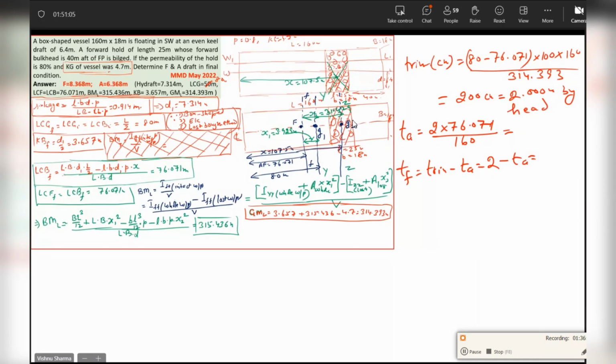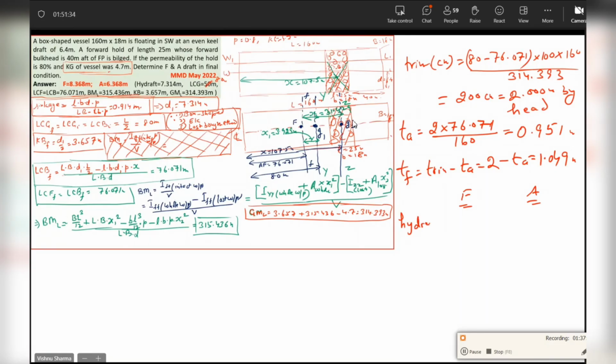Can you give me the TA value, beta? 0.951. Am I right? Yes, sir. So TF is 1.049 meters.